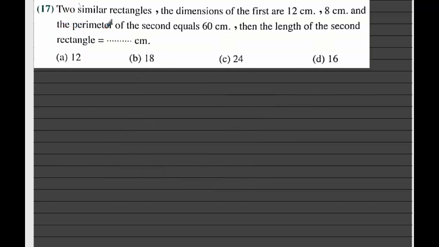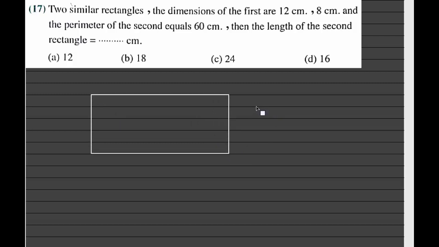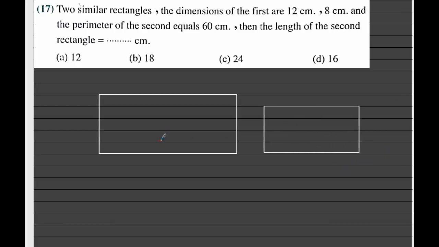Two similar rectangles. The dimensions of the first are 12 centimeters and 8 centimeters, and the perimeter of the second is 60. Then the length of the second rectangle equals one of these values. So first I'll draw two rectangles. Here is the first one, and here is the second. Okay, and we write the information.